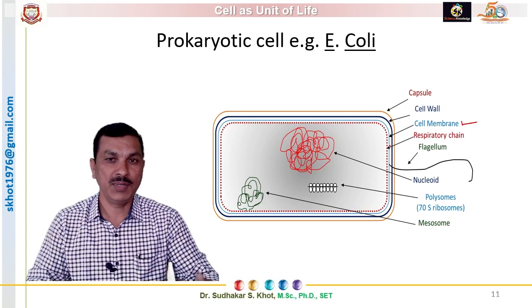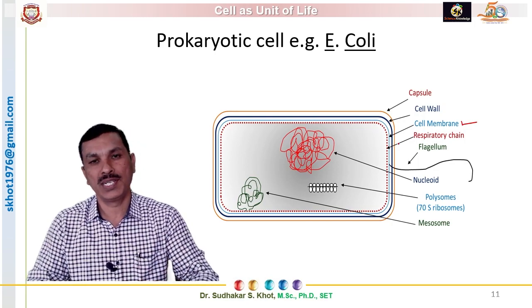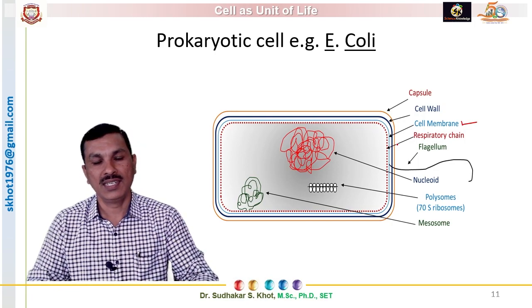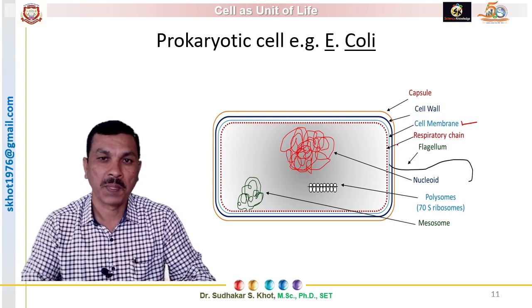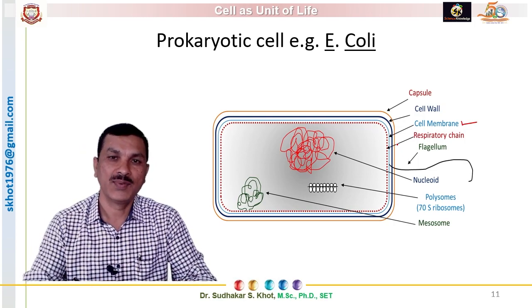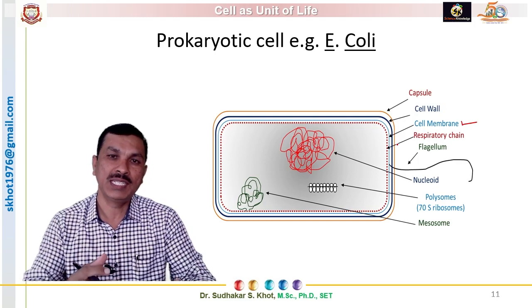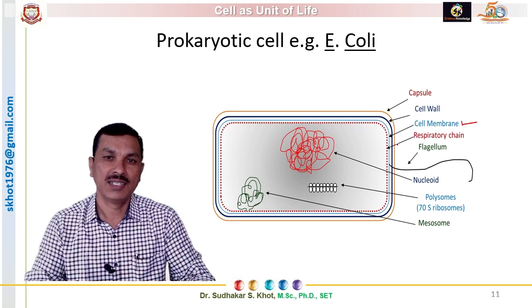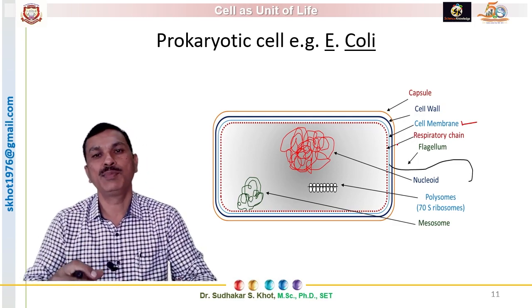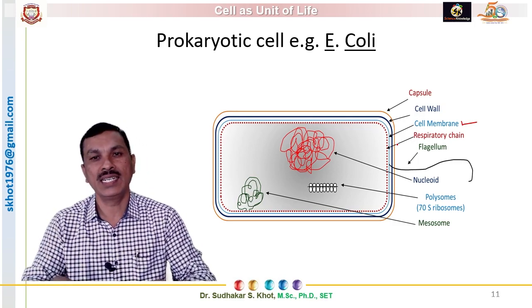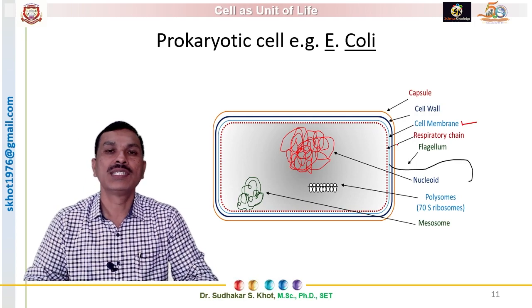You know that the cell membrane is also called a delimiting membrane. That means it separates the cell content from the external environment. It is the border which identifies where the cell starts, which parts are present inside the cell and what is present outside the cell. So we can say that this is a delimiting membrane, the cell membrane.